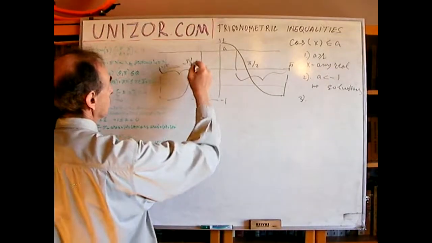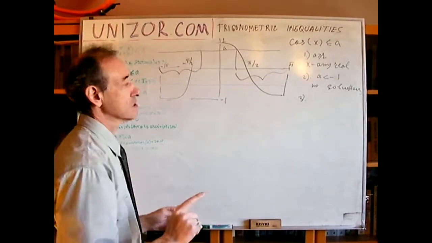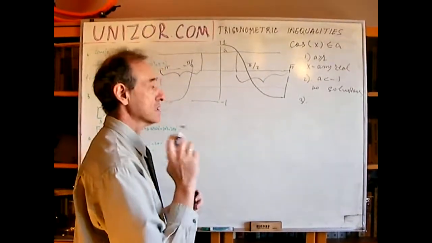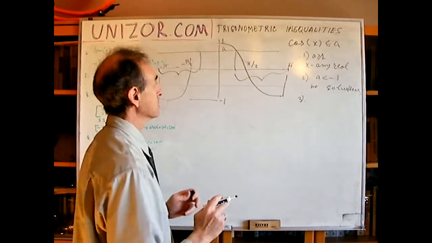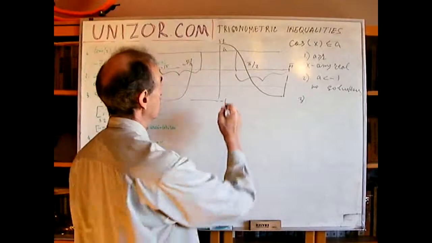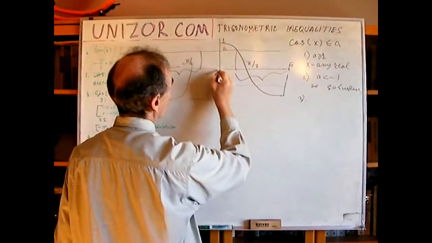So what is the interval of periodicity I took? Minus pi to pi. What's the interval of monotonic behavior for a cosine? Well, traditionally, to have arc cosine, we take it from 0 to pi.